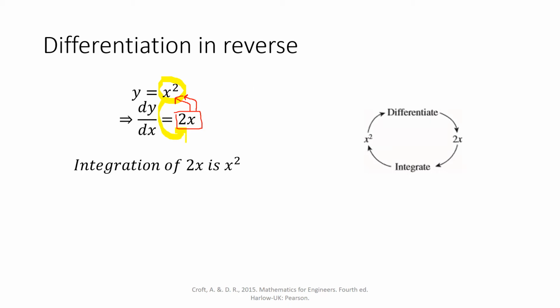If we see, so they are reversible. The x square derivative is 2x, and it means 2x integration is x square, so reversible.